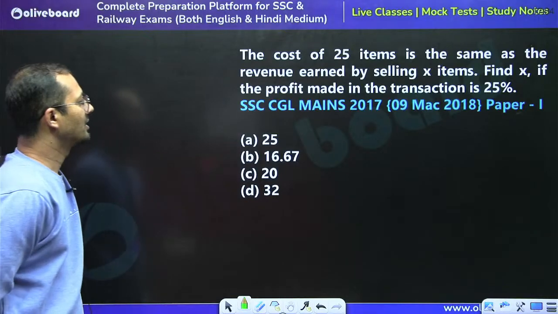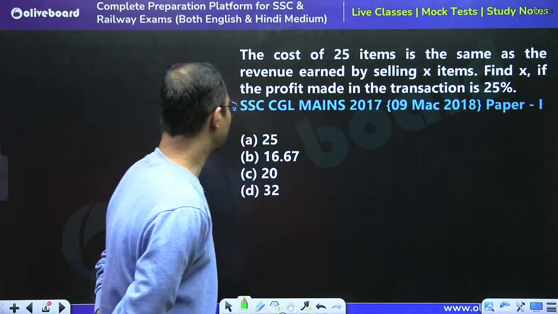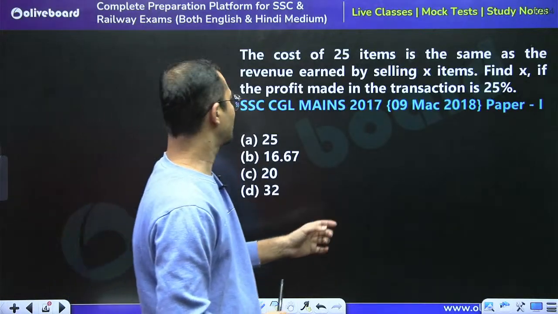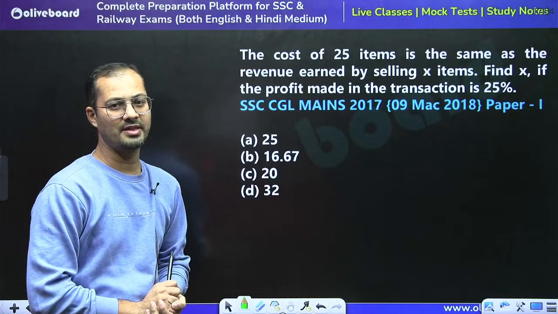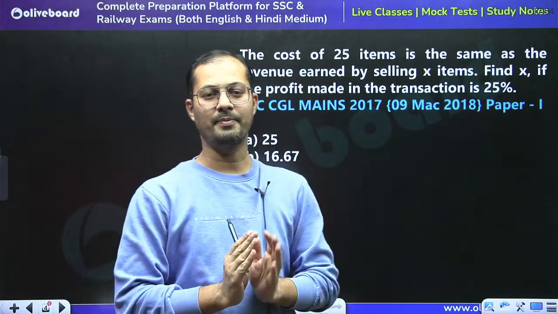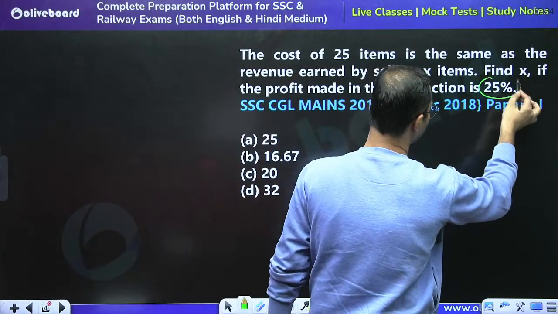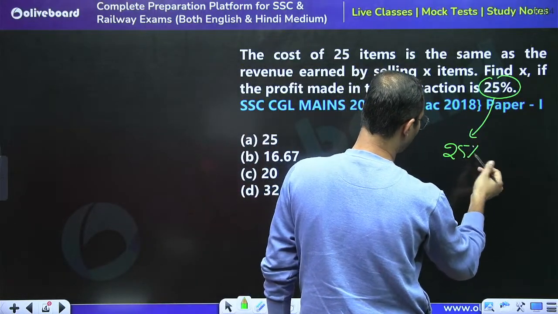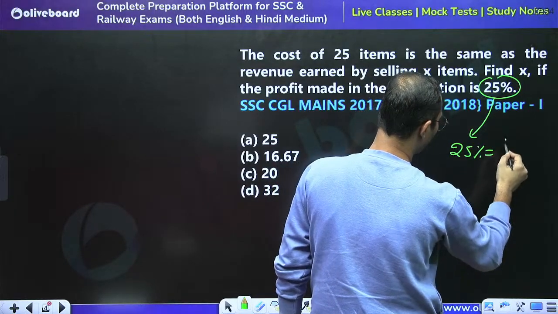The cost of 25 items is the same as the revenue earned by selling X items. Find X if the profit made in the transaction is 25%. We have the profit percentage, right? 25% in fraction is equal to 1 upon 4.